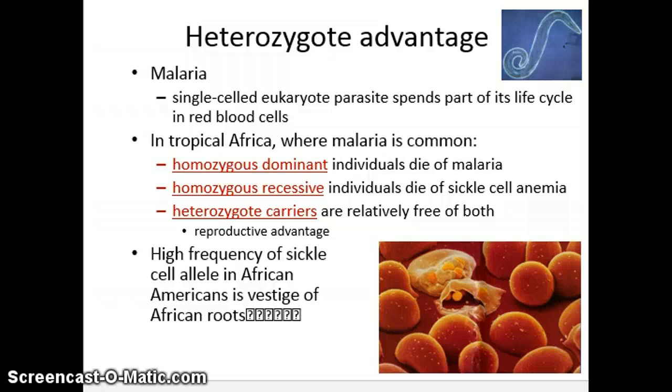But to be heterozygous, what they have found actually protects a person from malaria. So in subtropical Africa, malaria is very common. And so that is why this is something that has become part of the genome of people of African descent, because by having the heterozygous condition, having that one recessive allele for sickle cell disease, what they found is that people actually do not experience the effects of malaria.